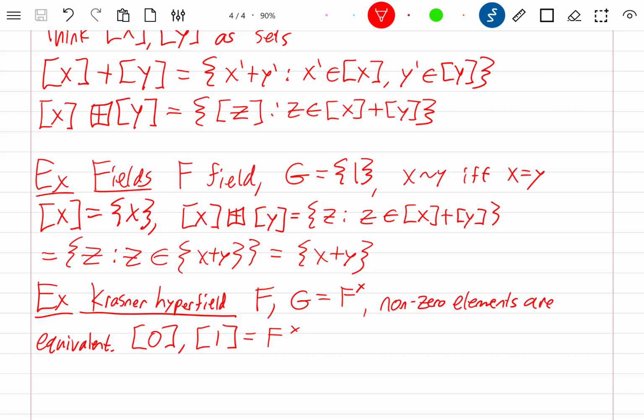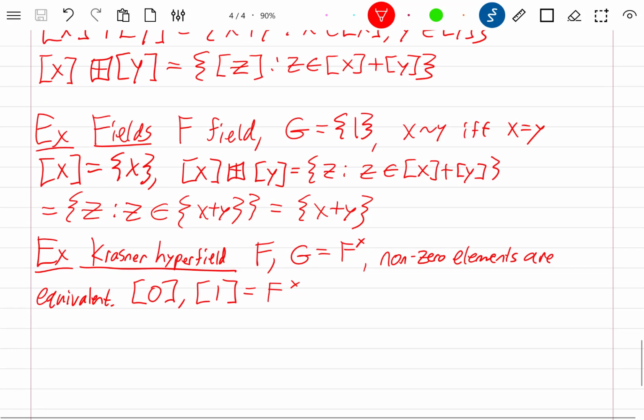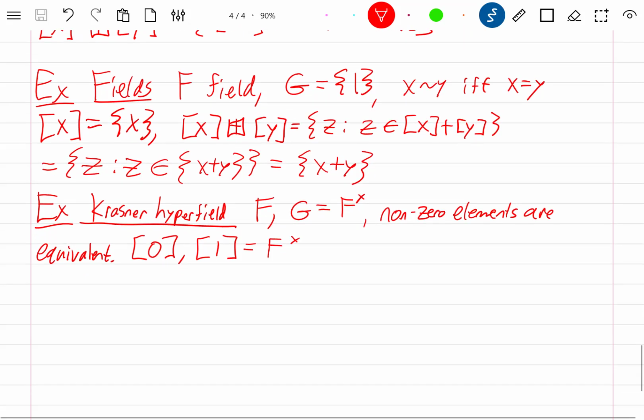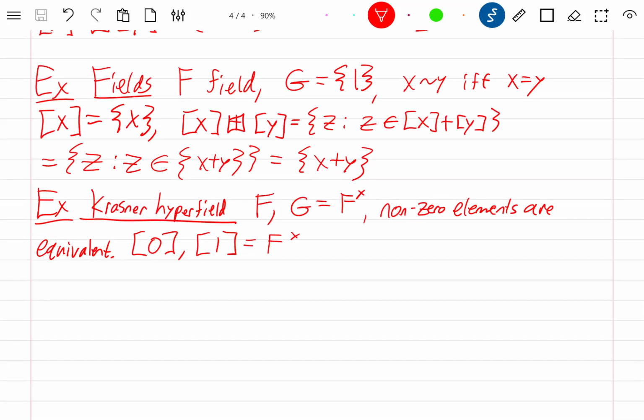So we have to end up back where we started. Actually, you might need F to not have characteristic 2. That might be the condition you need. I haven't thought about that too much. But the point remains: this gives us back what we want for most fields F, not characteristic 2.